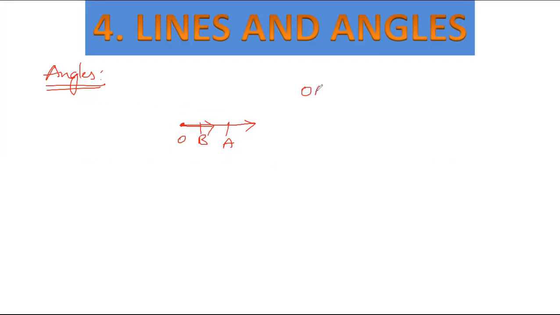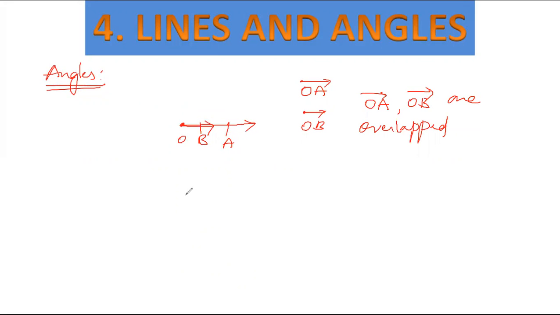One is OA ray, second one is OB ray. Now, if you observe the diagram, OA, OB, both are overlapped. It means they are present one on the other.